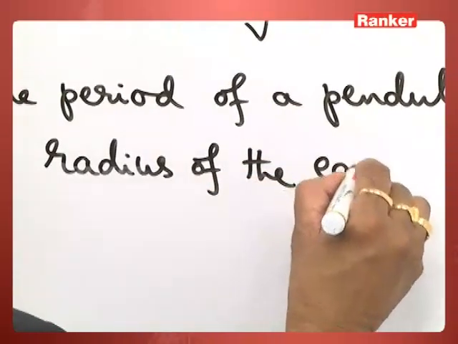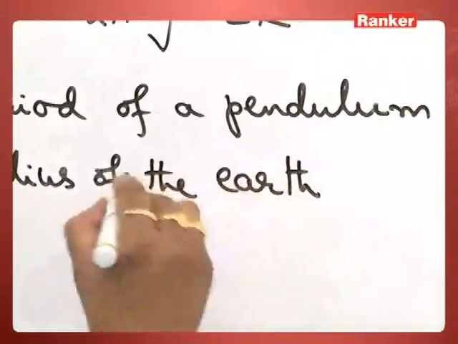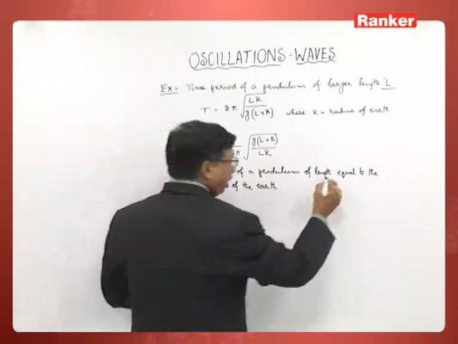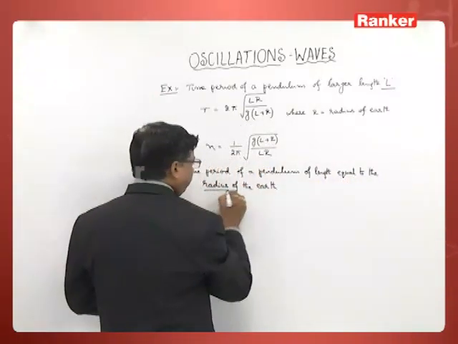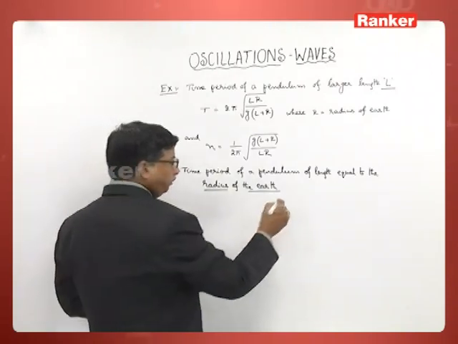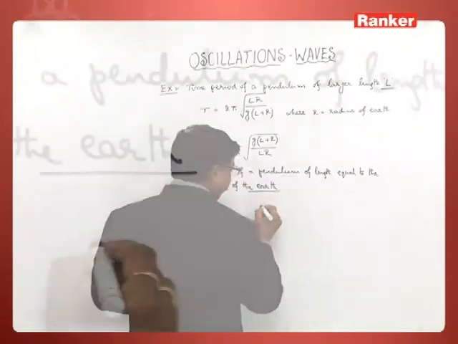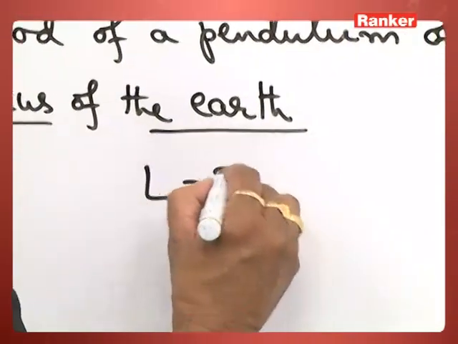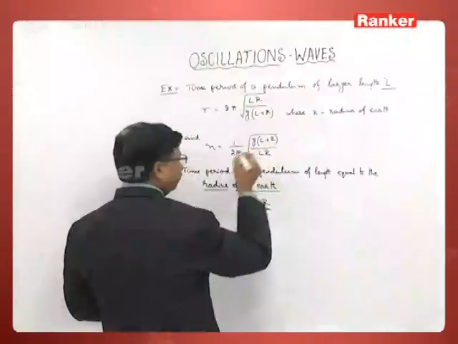What would be the time period of a pendulum of length equals to the radius of the earth? In that sense we can say L is equal to R in the above equation.